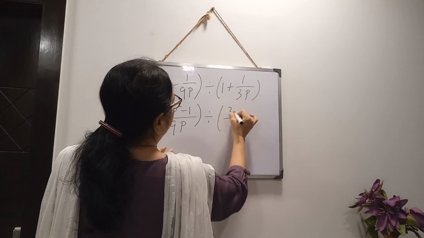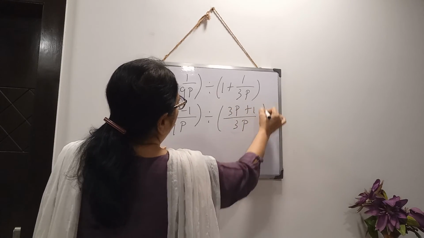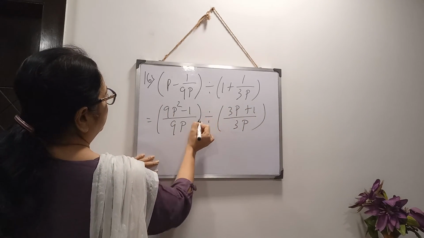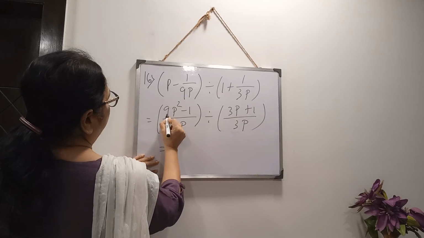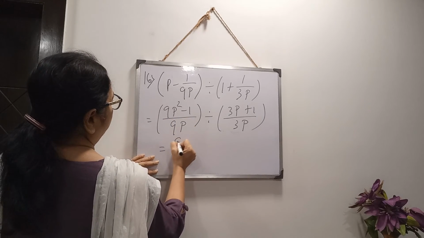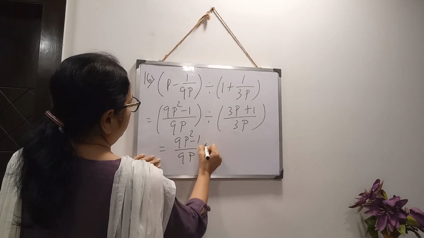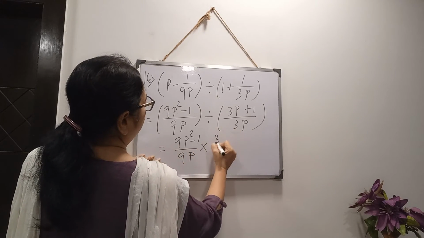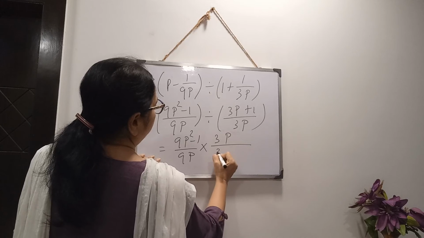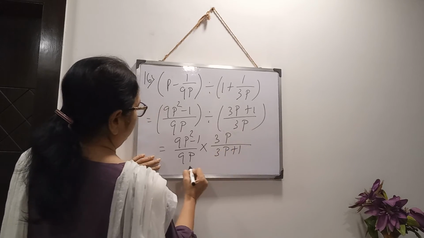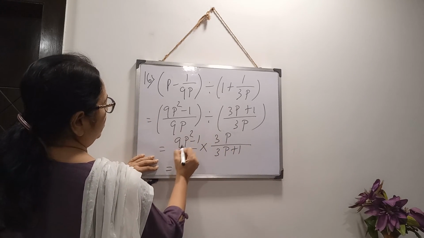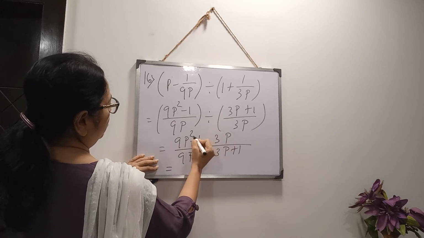It is an interesting sum but easy. Now there is a division sign and there is 3p. Okay, afterwards we will do that. Minus 9 by 9p, change it to a multiplication sign, it will be inverted, 3p plus 1. Now 9p square minus 1 means 3p whole square minus 1 square.